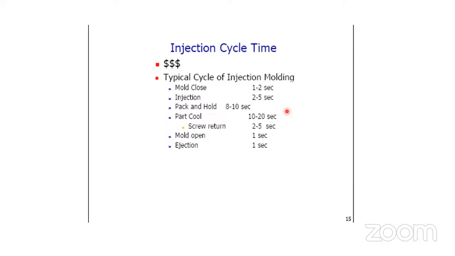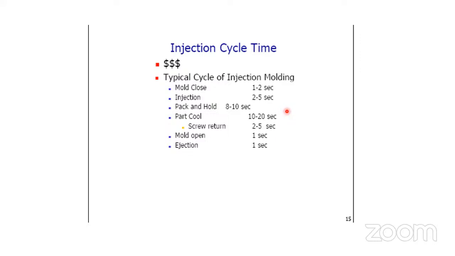Now screw return 2 to 5 seconds. See, mold closing 1 to 2 seconds, but screw return 2 to 5 seconds. Mold open only 1 second. Why is closing taking 1 to 2 seconds and mold open only 1 second?